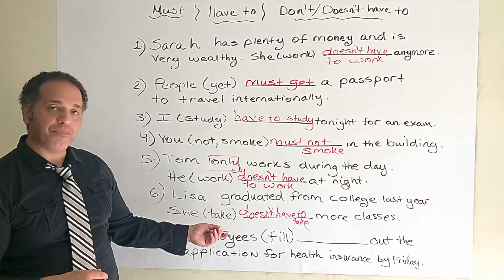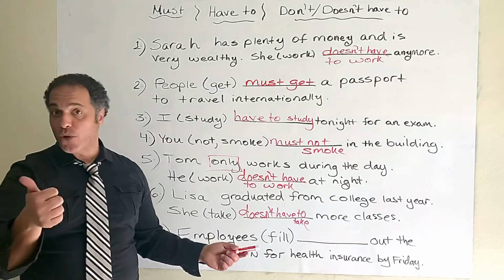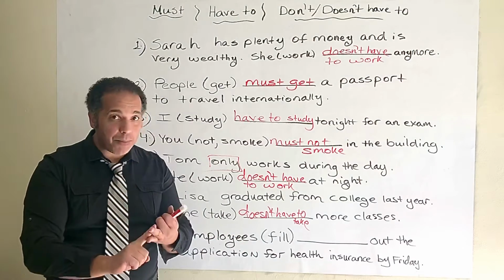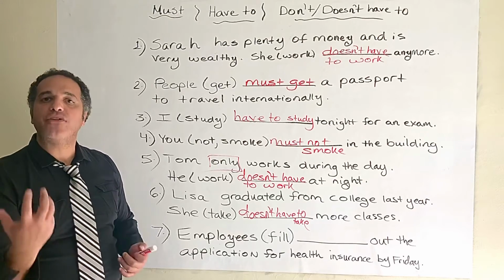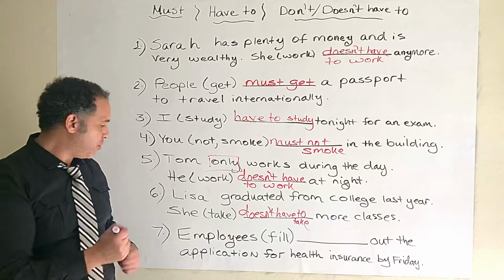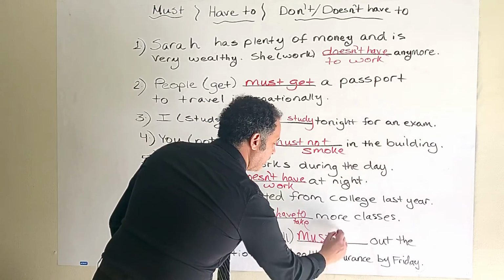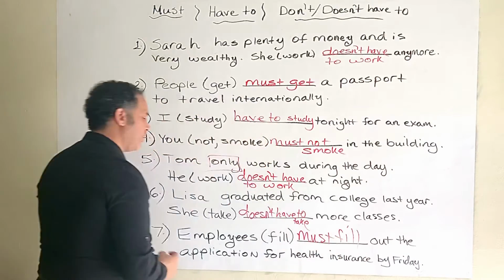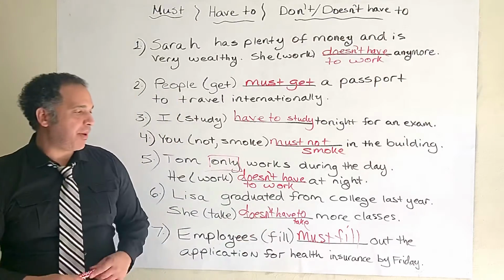So remember, if it's something formal, if you see it on an application, a note from a government, from a company, from a state or from a city, we're going to use the more formal modal. Employees must fill out the application for health insurance by Friday.